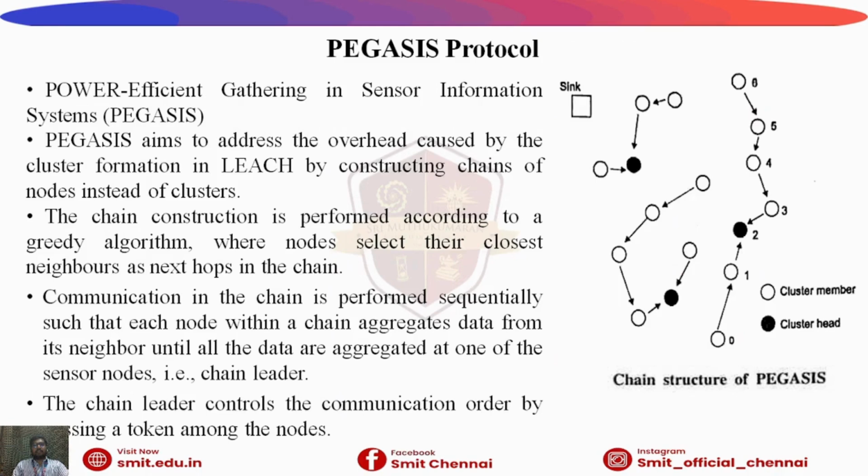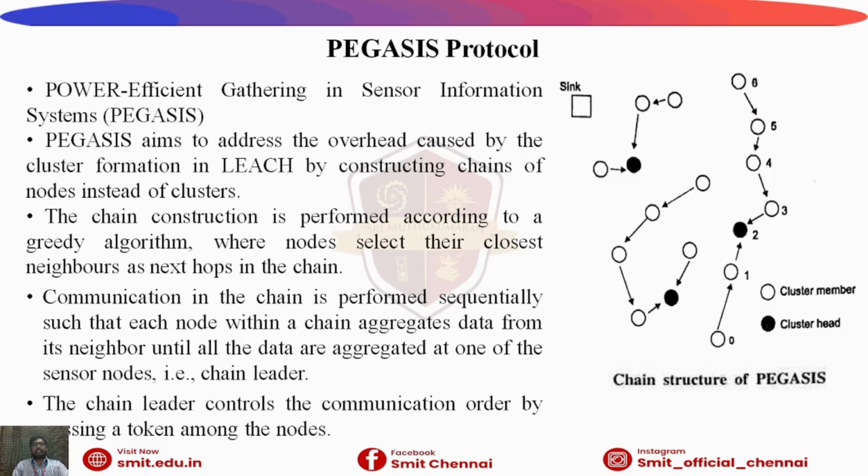Next protocol we are going to discuss is PEGASIS, short form of Power Efficient Gathering in Sensor Information Systems, which improves LEACH by constructing chains of nodes instead of clusters. That is, the nodes form a chain instead of clusters. Each node communicates with the nearest neighbors.